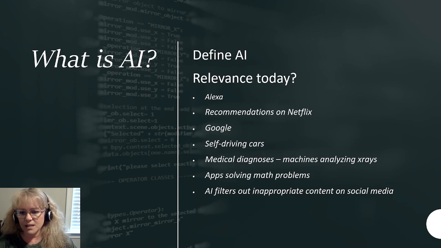I know that my husband's and my children's recommendations on Netflix are different from mine, and we're all as a family very careful which person we log in as before we watch something at night, so that we continue to program it the way we want to, so that we get our own recommendations if that's our goal. So recommendations on Netflix are driven by artificial intelligence.